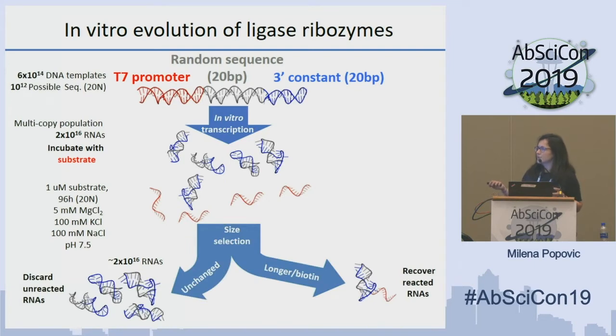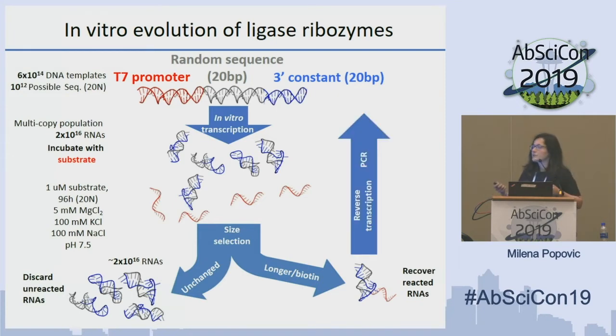In this case, the substrate brings a constant region. After that, the partitioning reaction separates the active molecules from the inactive ones. In the first round, of course, the inactive molecules dominate, and then the small number of active ones is reverse transcribed, PCR amplified, and converted back to DNA.